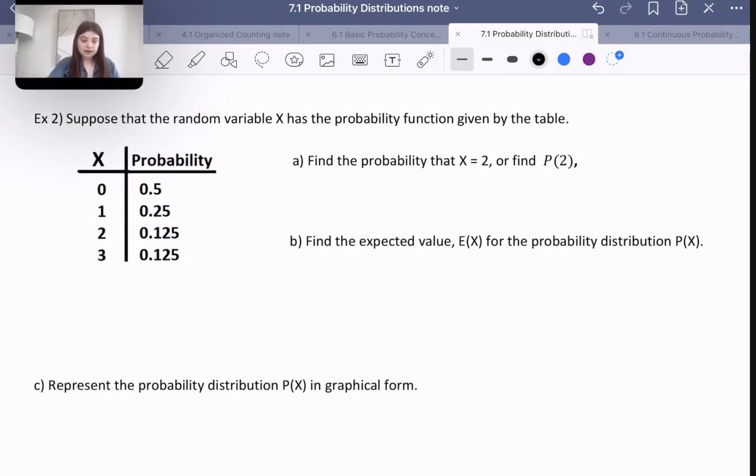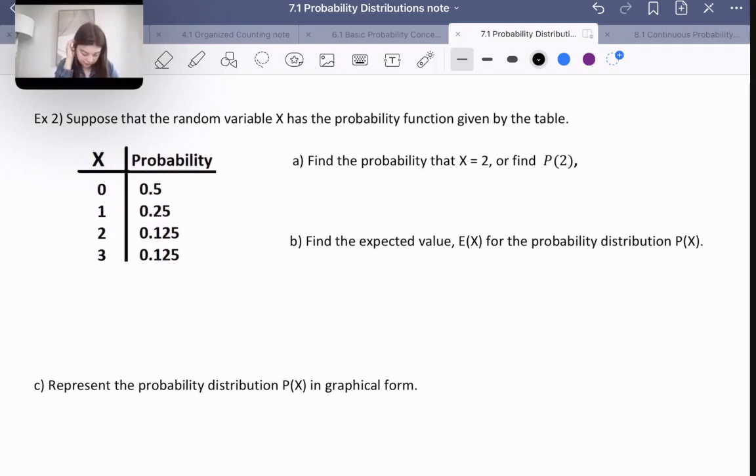So this next one says, suppose that the random variable x has the probability function given by the table. So it looks like the probability of getting a 0 is 0.5, okay? So a 50-50 chance right off the bat that we're going to get 0.